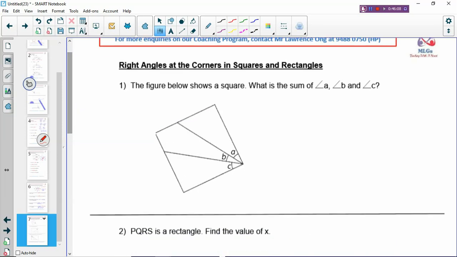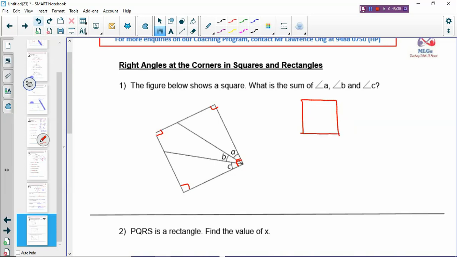Now, if you see a square, there will always be right angles at the corners. Very important, right? This will help you in primary 5 as well when you do more angles. So when you see a square, squares always have right angles. And not only that. Now I'm going to show you something very important. If there is a square and there's a right angle at the corner, and if you cut the square into two identical halves, let me just draw a bit nicely.